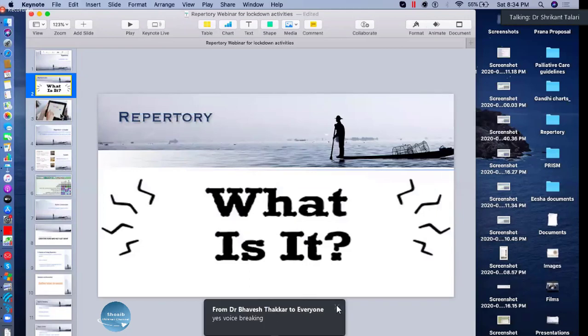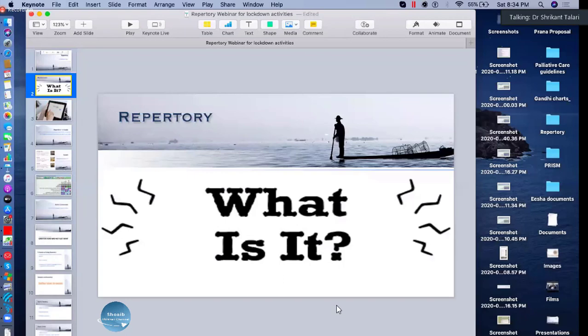And then repertory basically is a list of symptoms with the group of remedies that cover that list of symptoms. And because our materia medica has such huge data, it's impossible for us to remember so many symptoms. So whenever we want to find something, we can find it in the repertory.